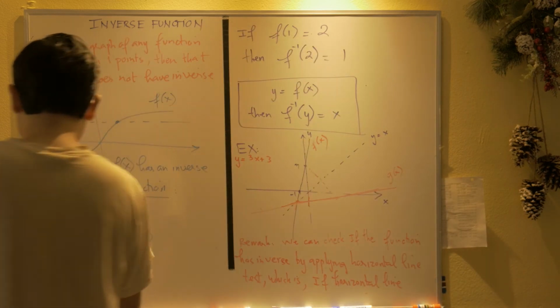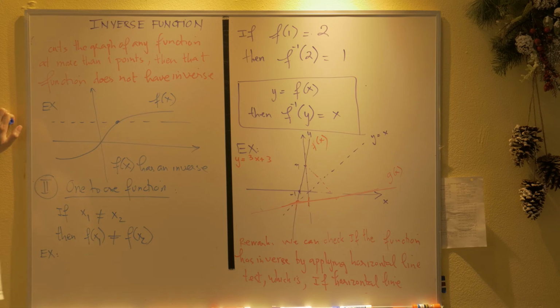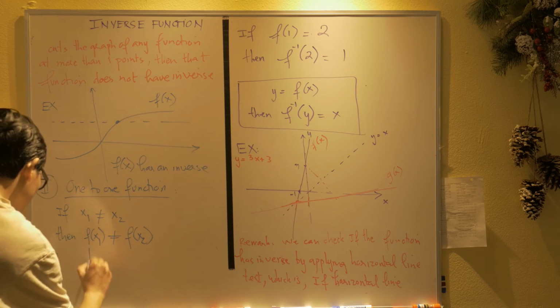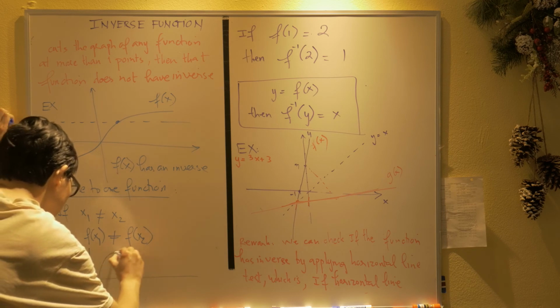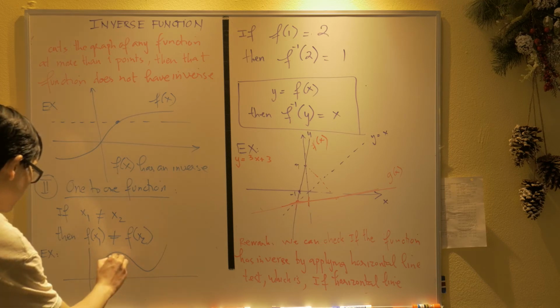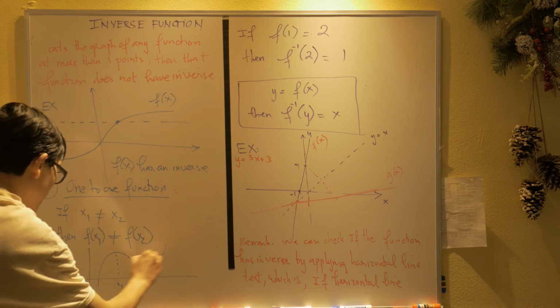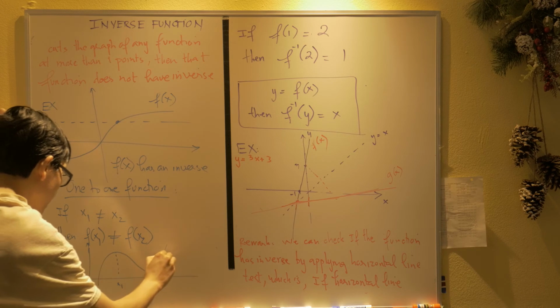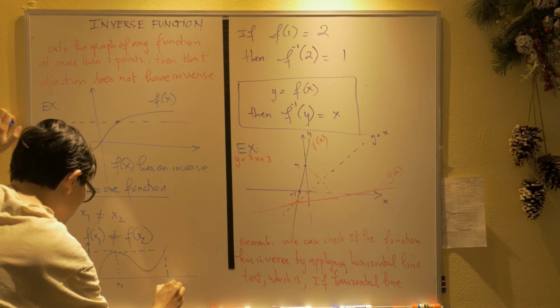For example, I have a graph, something like this. I have x1 over here, and I also have x2 over here.